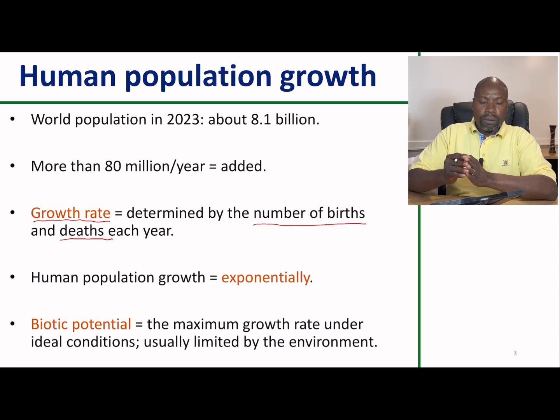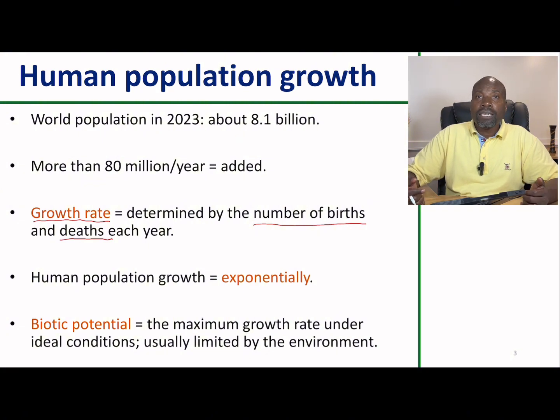As we consider the human population, that human population has grown exponentially since the Industrial Revolution. Why? Well, before the Industrial Revolution, we were living in scarcity. We didn't have a huge amount of resources, not as much food availability, for instance, as we have today.